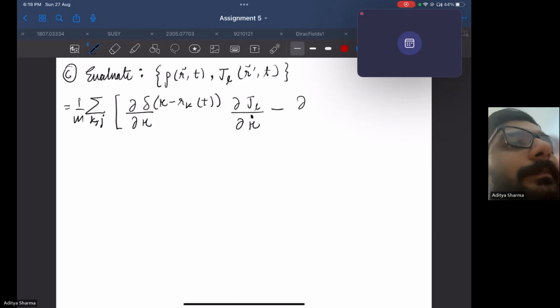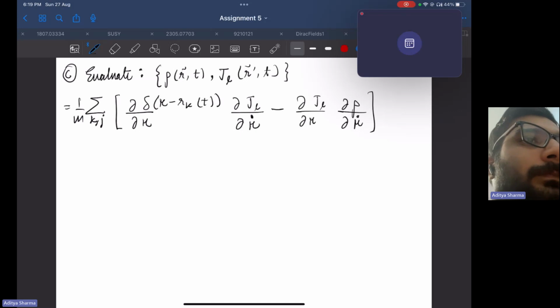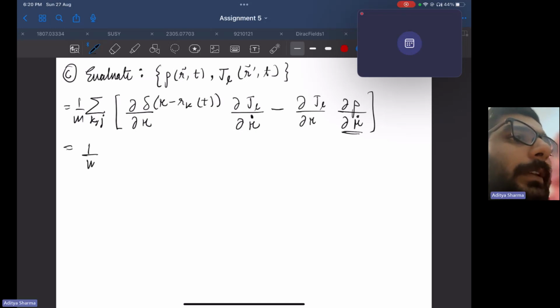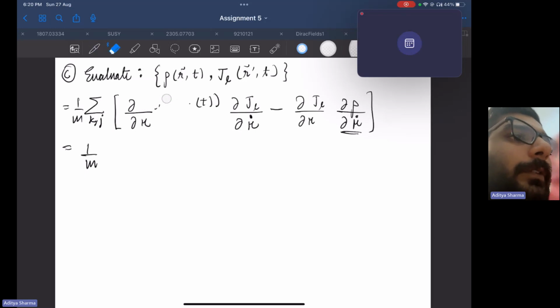Now the dr dot term is 0, so we'll have only the first term.